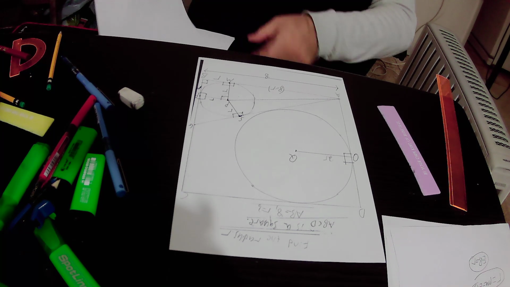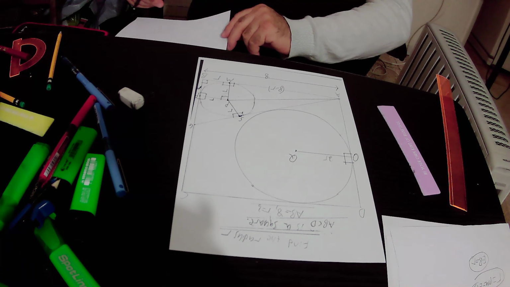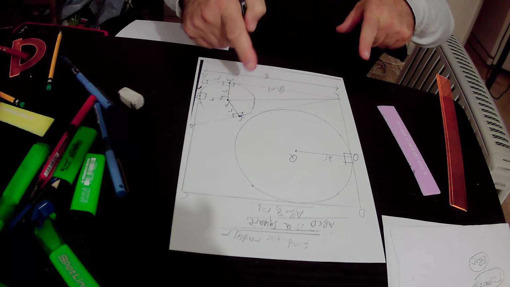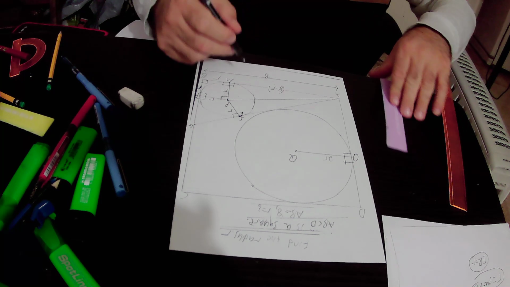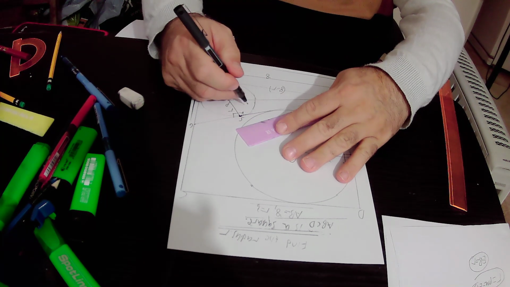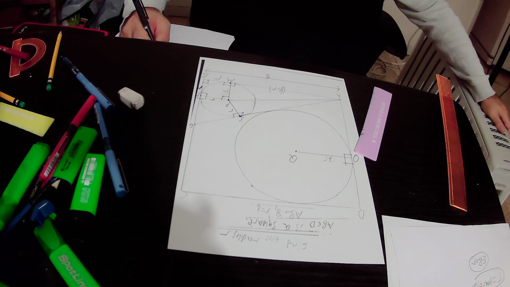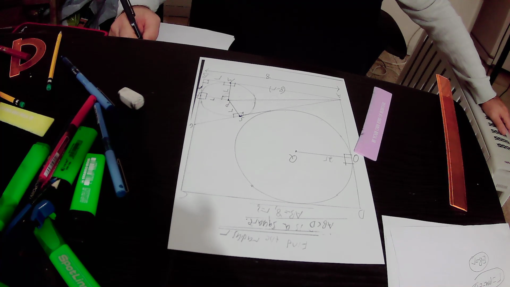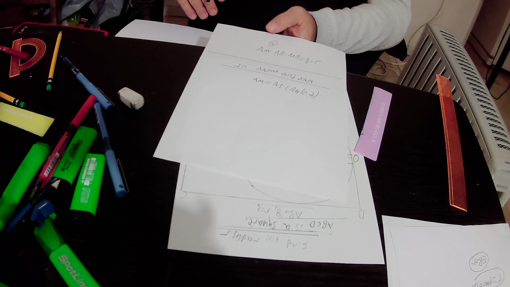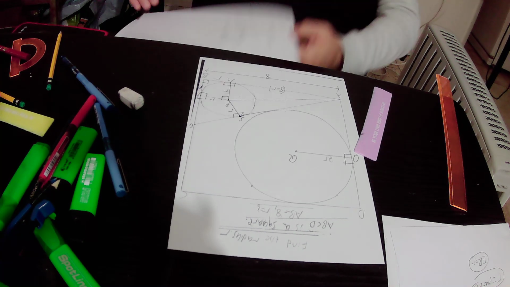Okay, first of all, we know that side AM equals side AS according to rule number 2.